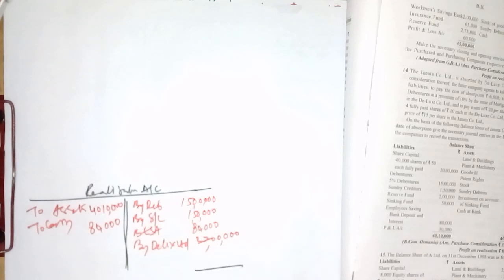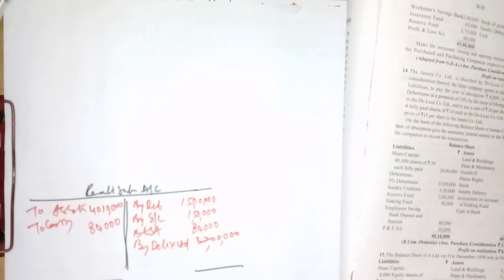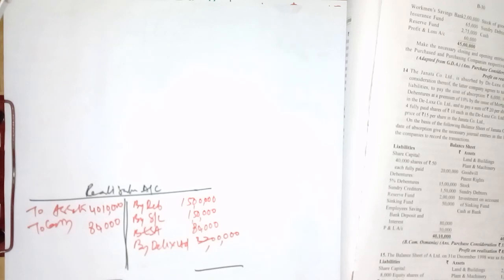Now close the account and find out the balancing figure. As it is the realization account, I will first do the summation of this: 32 lakhs plus 80,000, then 32,80,000 plus 1,50,000 plus 15 lakhs.